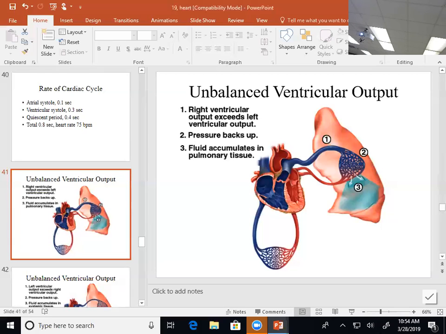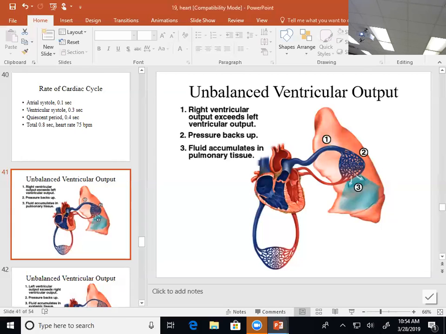If you've ever heard of congestive heart disease or failure, CHD or CHF, this is when the two ventricles, the two pumps, are not working in synchrony. It doesn't mean that they aren't pumping at the same time. They are, but they're not pumping effectively at equal output.